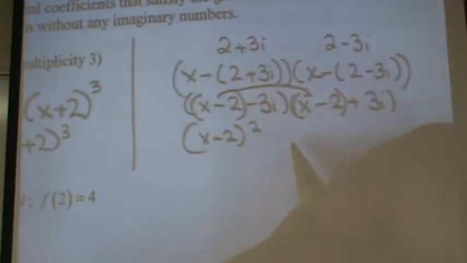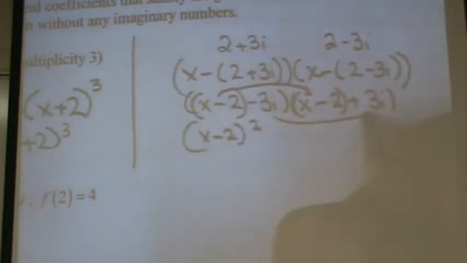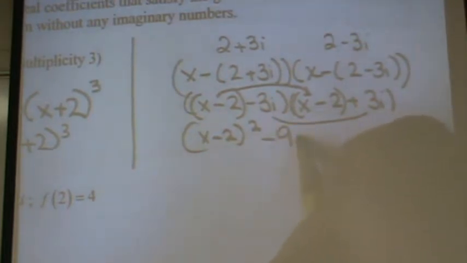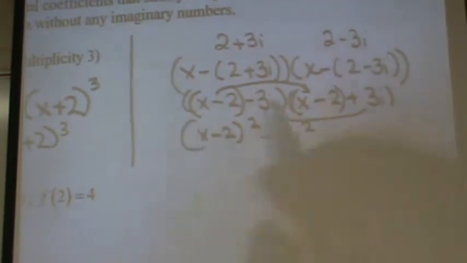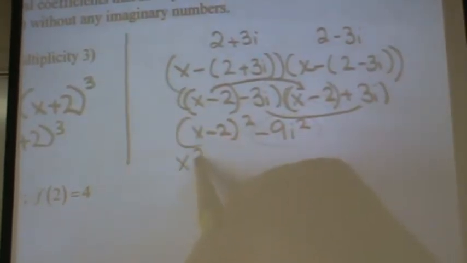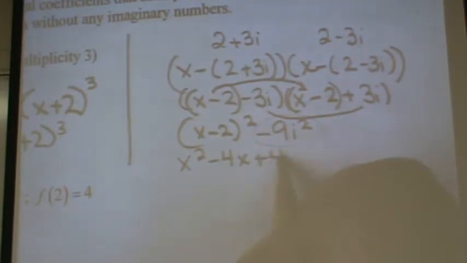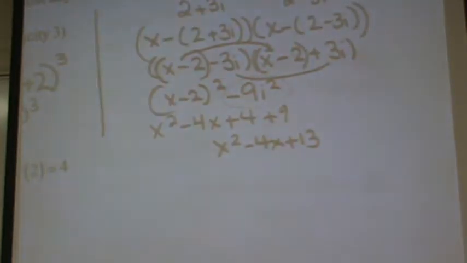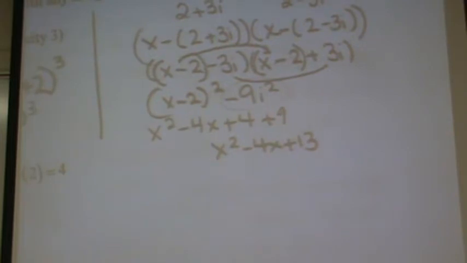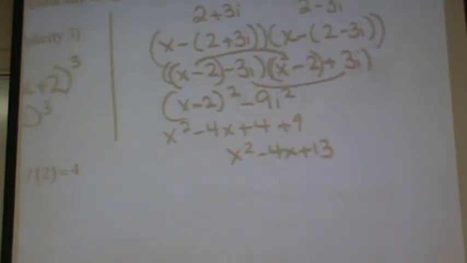Do I need to FOIL the whole thing out? No, because the next 2 will cancel out. You have minus 9i squared, which is 9. So all you have to do is square this: x squared minus 4x plus 4, and then plus 9. Everyone would be able to do that for me tomorrow with your buddies? Okay.